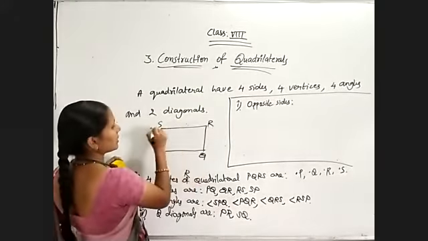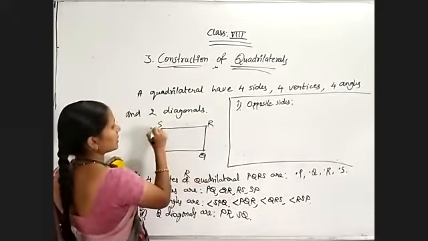Once again, I will tell you adjacent sides and adjacent angles for this quadrilateral PQRS. Adjacent sides are nothing but sides which are beside each other, yes or no?